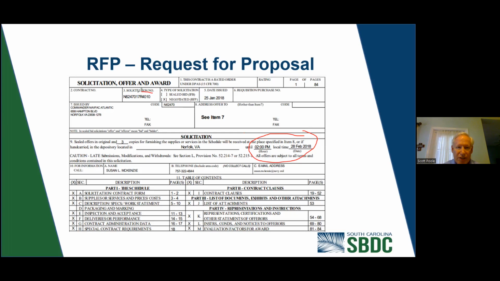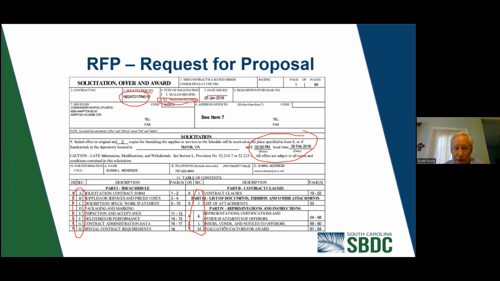You see the solicitation number. You see that it's a negotiated RFP. The one you're seeing above here is information for bid, and it gives you the date issued. And then it has a lot of parts in here. You see there's parts A through H on this side, and you have parts I through M on this side.